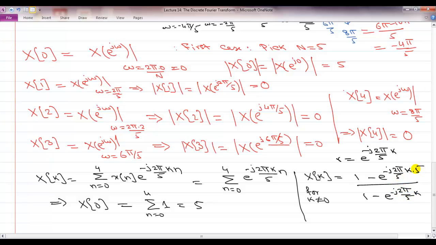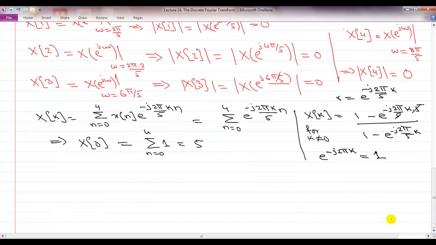And the numerator is just 1 minus e to the minus j 2 pi times an integer. So e to the minus j 2 pi k is always equal to 1. You can use Euler's identity to see that, and because of that, X of k is always equal to 0 for all k not equal to 0.